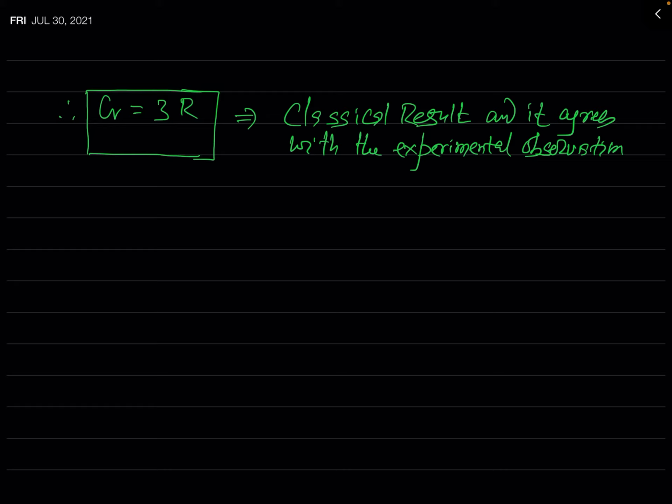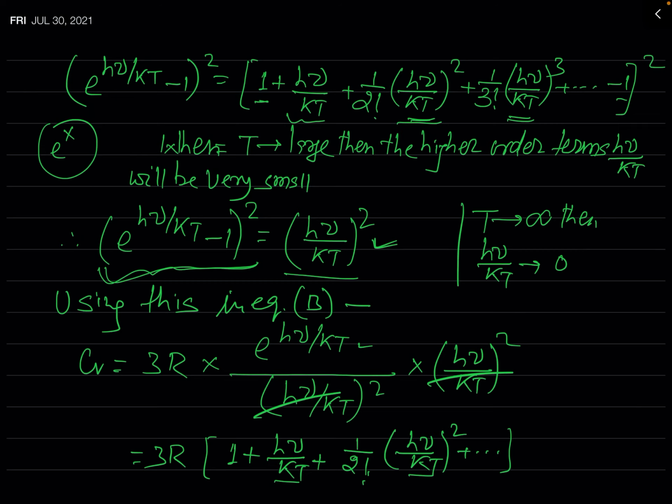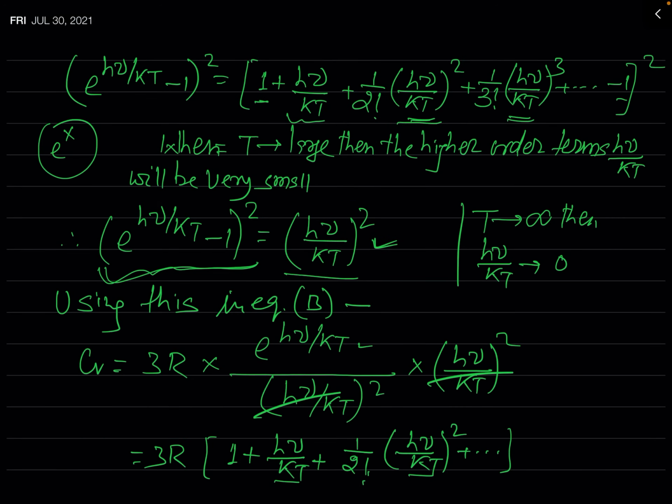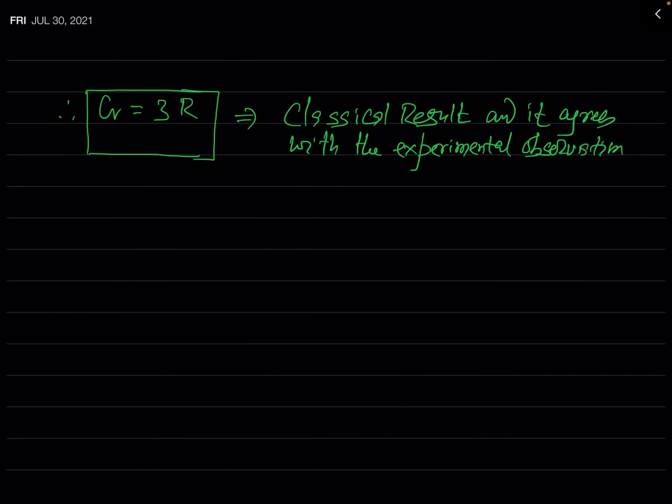So you can say our classical theory of specific heat is not wrong, it is limited. It is valid only when temperature is very large. In the low temperature region the classical theory fails. So now let us see what the specific heat of solid will be when we talk about low temperature.